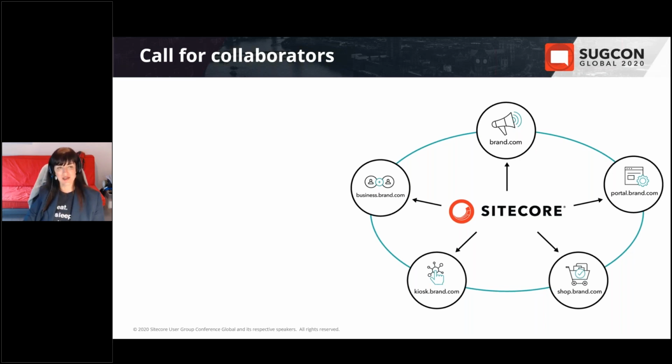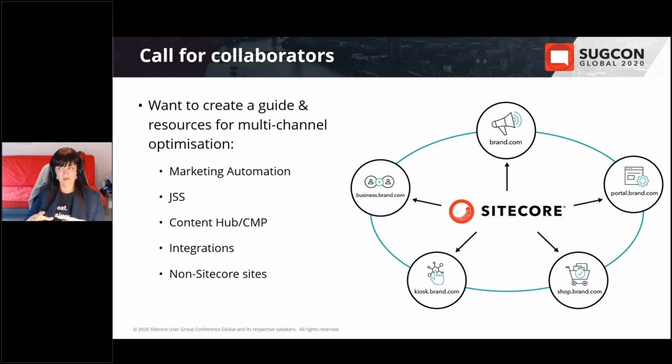We're doing another one. So off the back of this, the multi-channel is really interesting, and I think that's something where we need to get a little bit more information for our customers. So we want to create a guide and resources for multi-channel optimization. We want to look deeply into what are some things that you can do in marketing automation that are really easy.